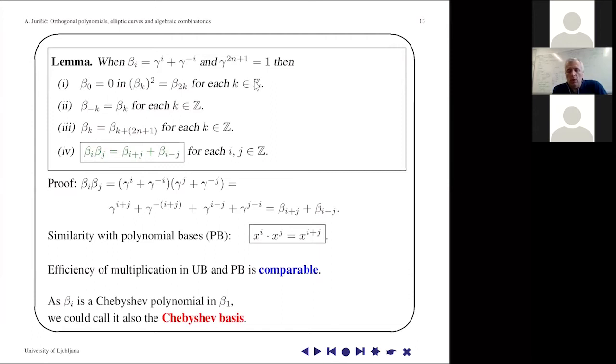You can hide this addition in the tables, and then you have as much work as in polynomial basis. So they were comparable. And for a long time, I thought, well, these are umbral bases and so on. And then I was reading about Chebyshev polynomials again. I thought, oh no, this is actually the Chebyshev recursion. So these are Chebyshev polynomials. And that's why I say orthogonal polynomials popped out again.